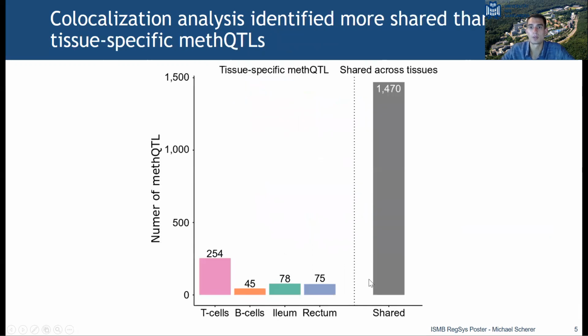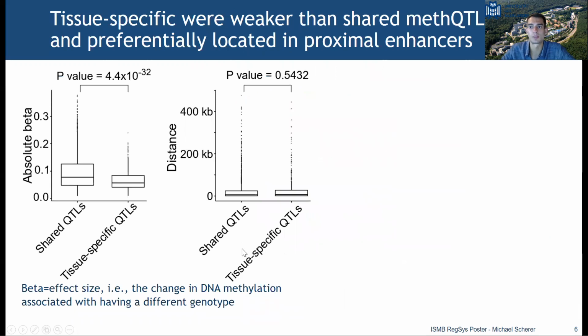When we apply this to our data set, we find that most of the QTLs are actually shared across tissues, while only some of them are tissue-specific, and preferentially in T cells. We then investigated the specific properties of tissue-specific versus shared methQTLs and found that the shared methQTLs are stronger.